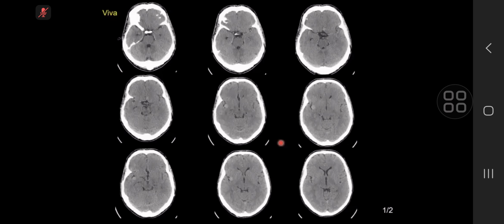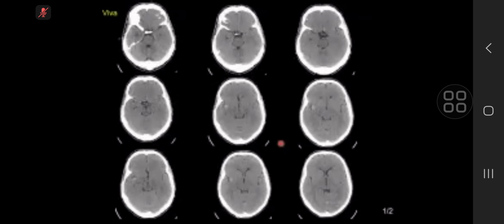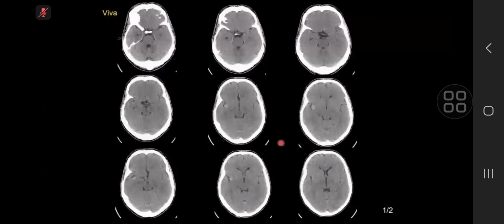There's also another hyperdense focus at the bifurcation of the MCA, where it would bifurcate or trifurcate. So there are two hyperdense foci. These are non-enhanced sequences. So these could well represent aneurysms.